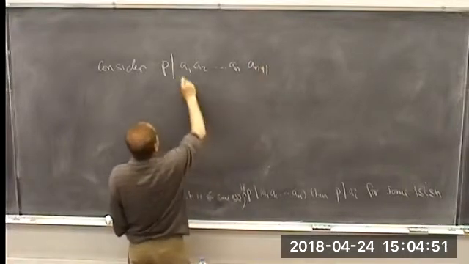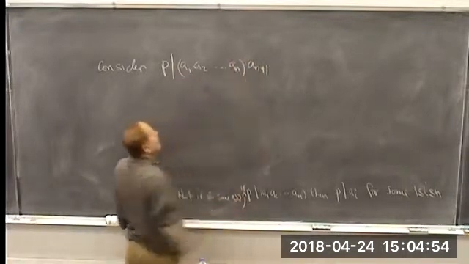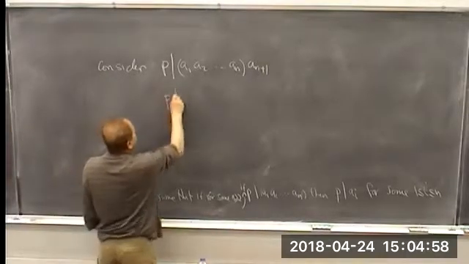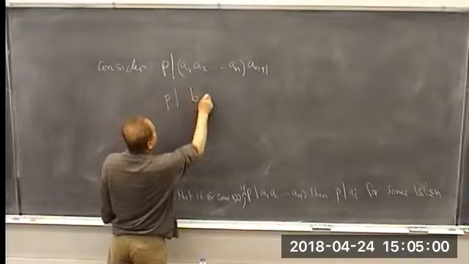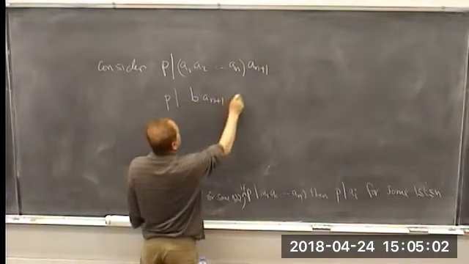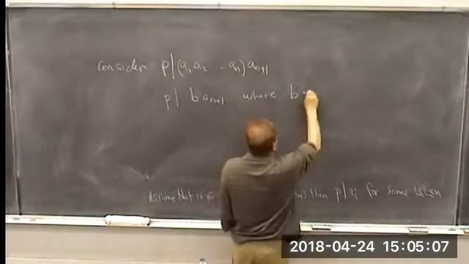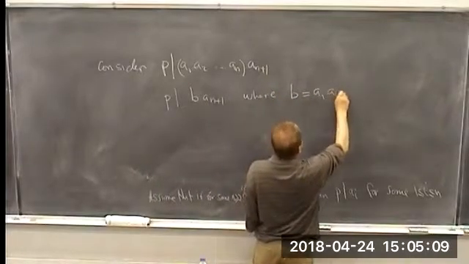Now, we can think of this as P divides B times AN plus 1, where B is the product of A1 up to AN.